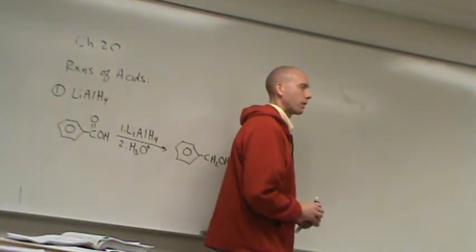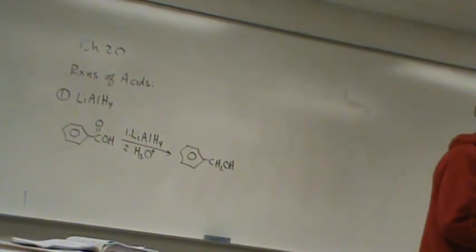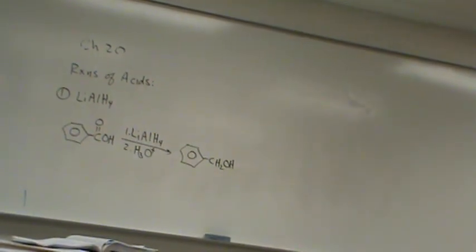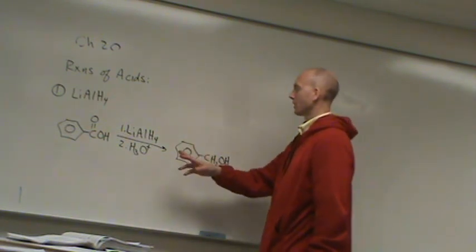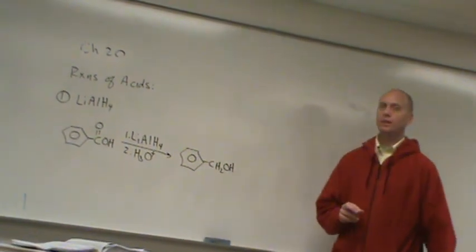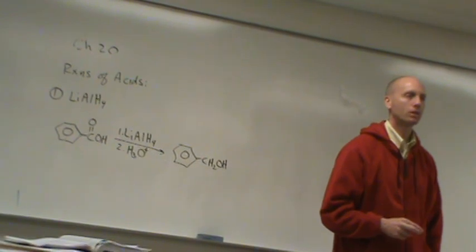Okay, so kind of the exact opposite of where we started in class. Where we started in class using sodium dichromate and sulfuric acid that oxidized the primary alcohol to the acid. Well, now we just go reverse, where we reduce the acid back to the alcohol.